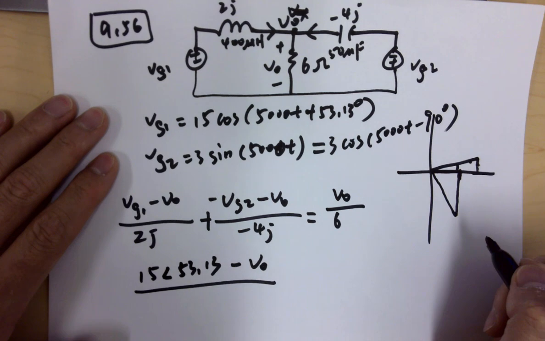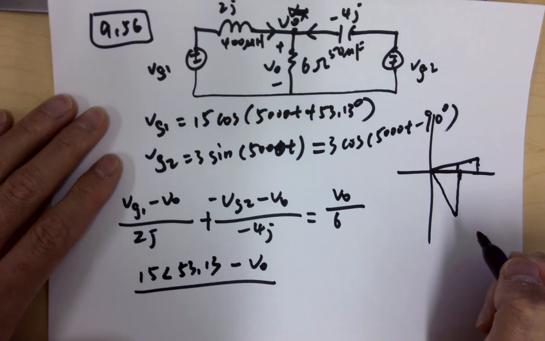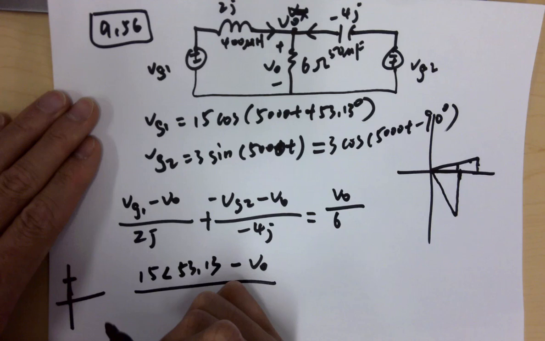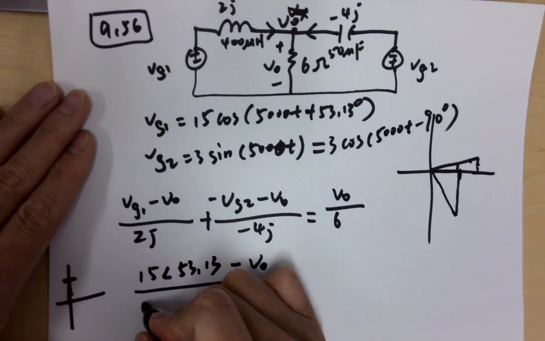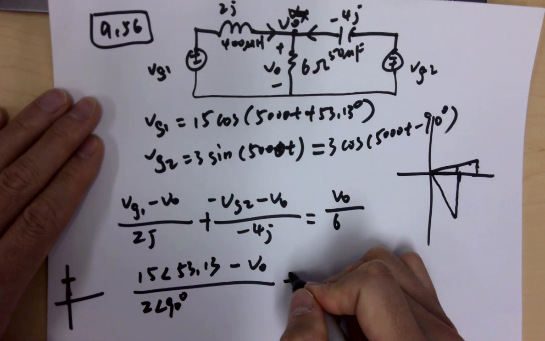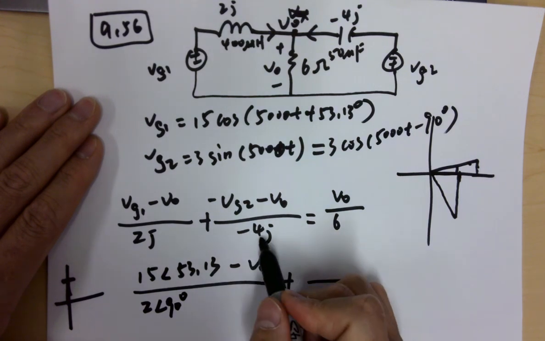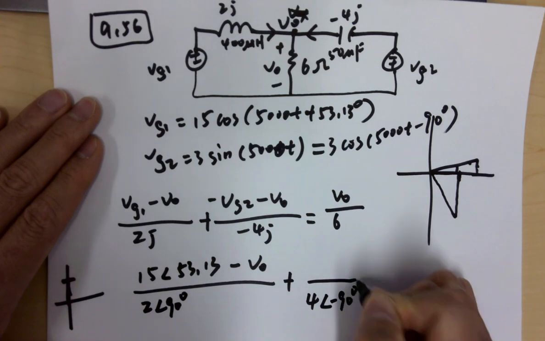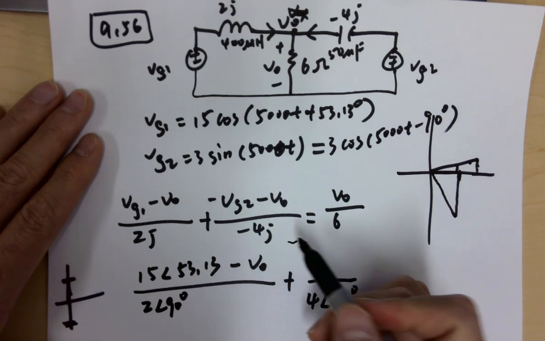Let's see if it's worth doing that angle conversion for now. Let's do it. So 2j, because it's on the y-axis, is basically 2 angle 90 degrees, okay? And plus 4 angle minus 90 degrees, because it's minus 4j.